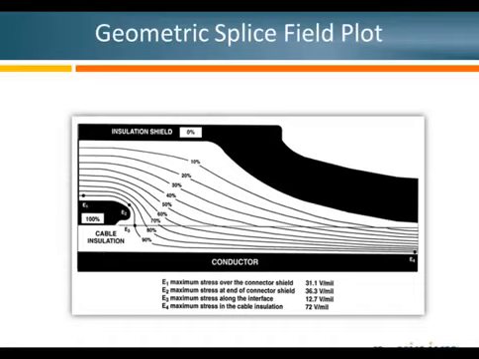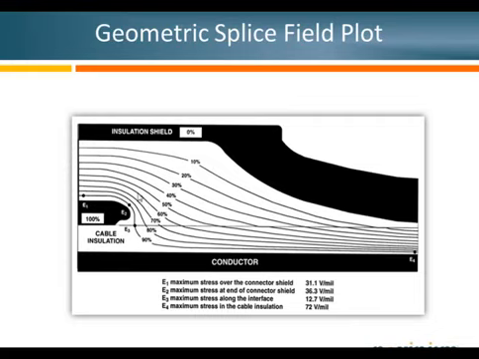With joints, that's not necessarily true because you're containing all of those equal potential lines and all that electric field inside of the joint because you have insulation shield on the outside, which ties into your cable insulation shield, so it's at ground potential, and it keeps all of the electrical stress in the splice insulation and the cable insulation.